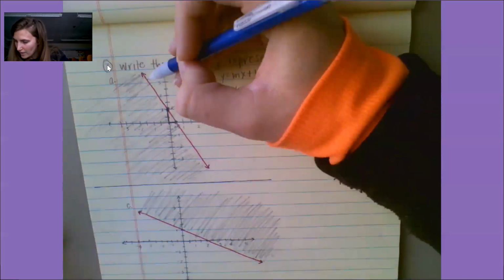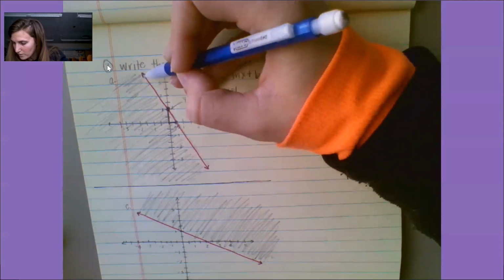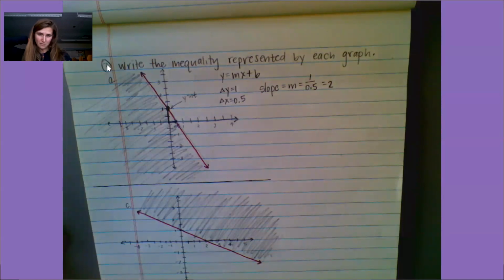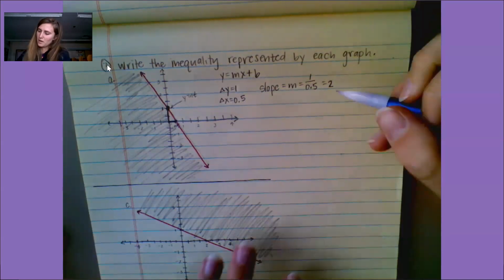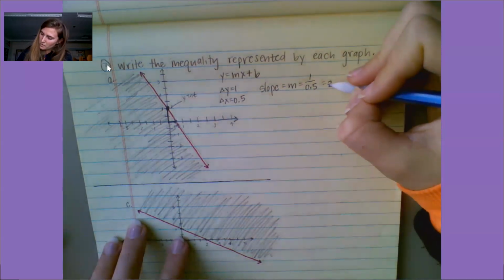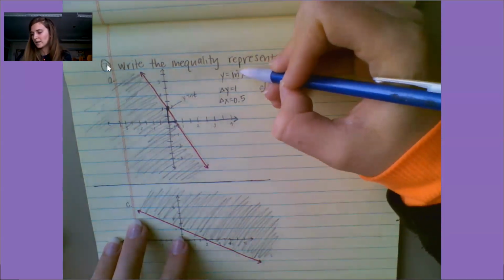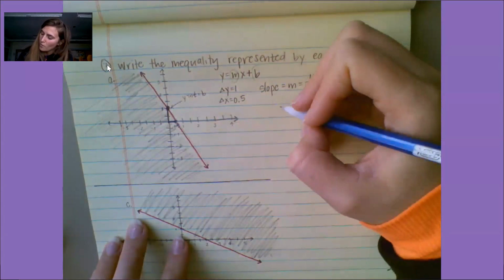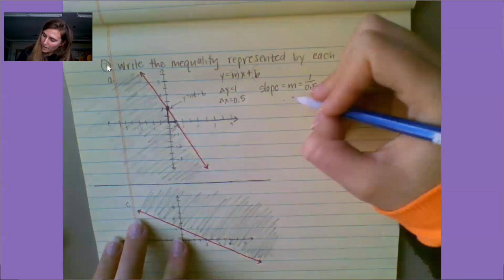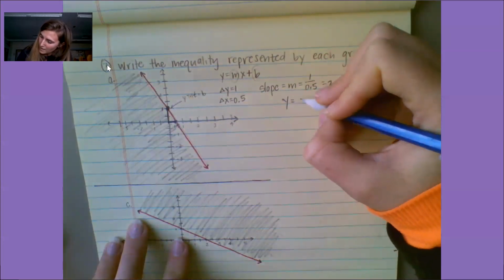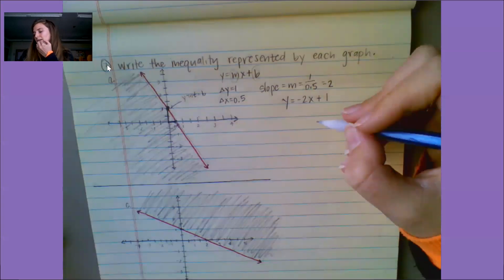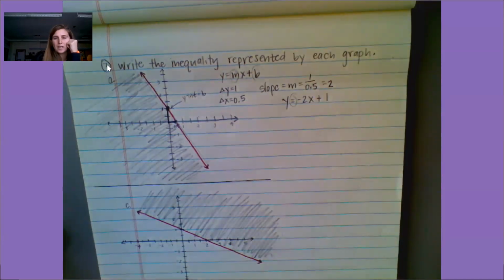And I can tell that it is a negative slope because from left to right the graph is falling. So my slope is going to be not just +2 but -2. That's what I'm going to plug in for m, and my y-intercept is b. So my equation for that boundary line would be y equals -2x plus 1. But now I need to change this equal sign into an inequality.